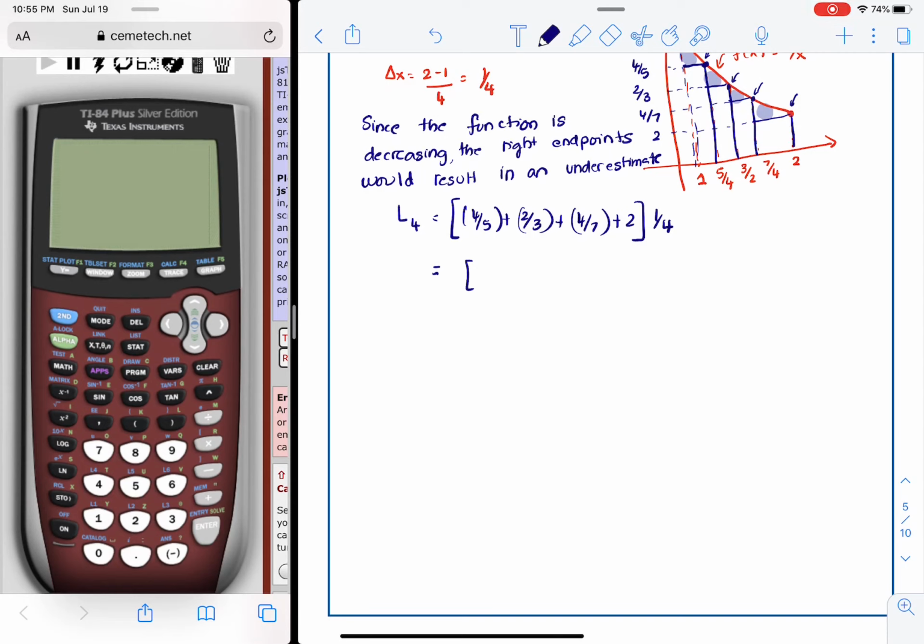If I combine those two, I would simply have 22 over 15, and 4 over 7 plus 2 multiplied by 1 over 4.